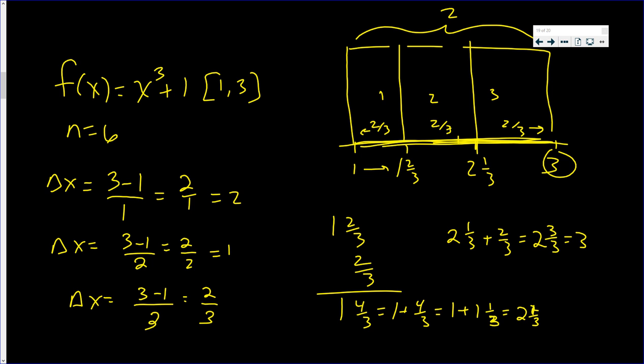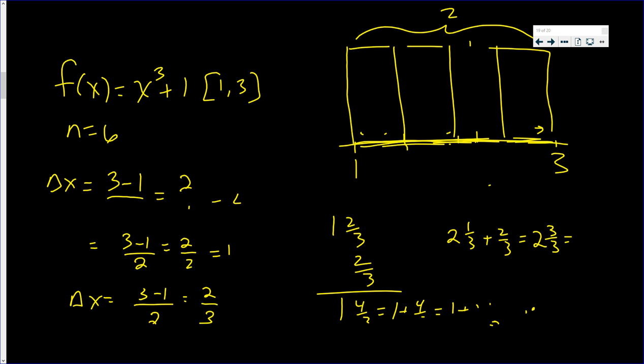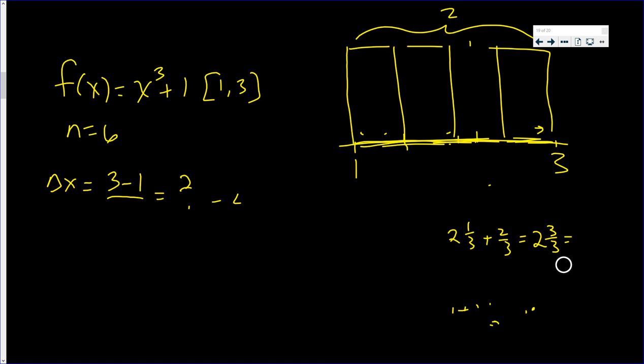And one last time, if I divide the base into 4 equal intervals to get 4 rectangles, then delta x is just going to be 2 divided by 4, dividing it into 4 intervals.